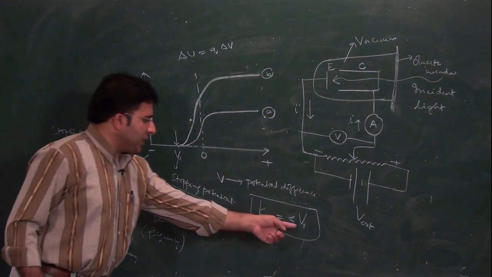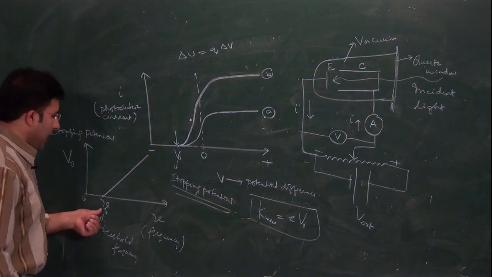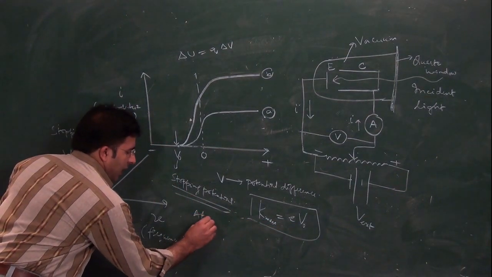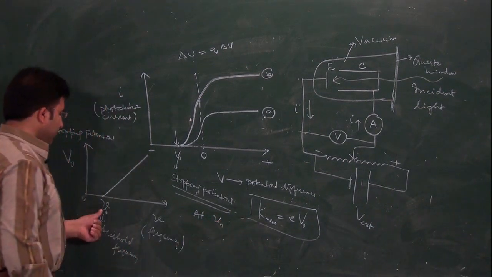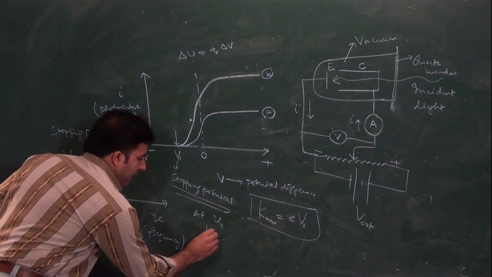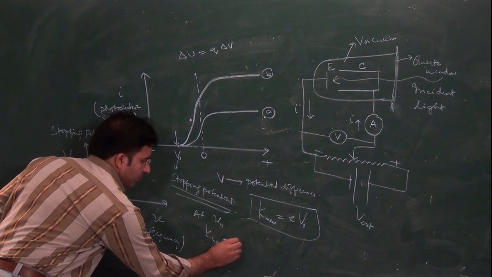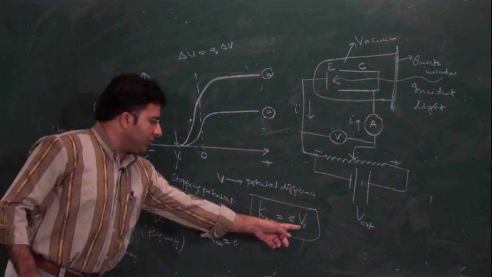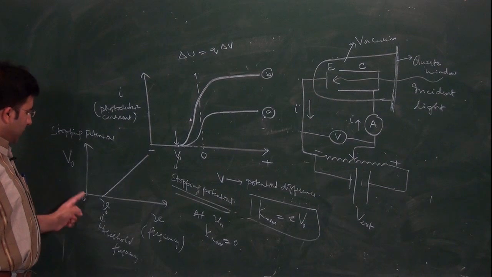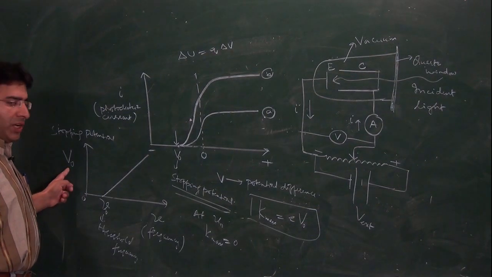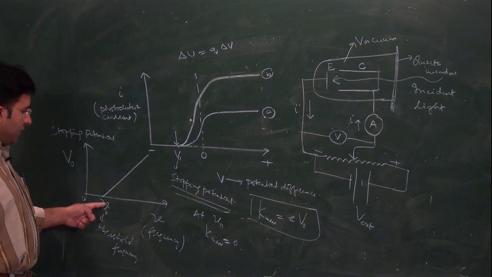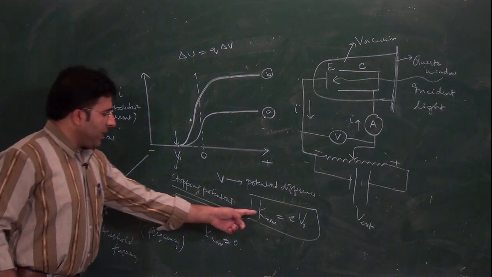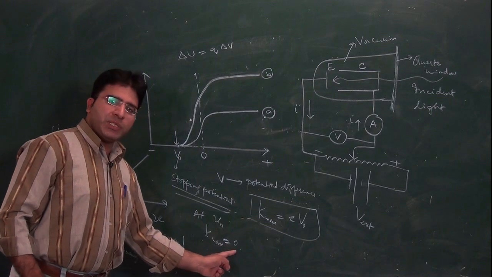If stopping potential is 0, therefore at nu naught, K max will be also 0. At nu naught, V naught is 0, stopping potential is 0 from the graph, K max is E V naught, therefore K max will be 0.